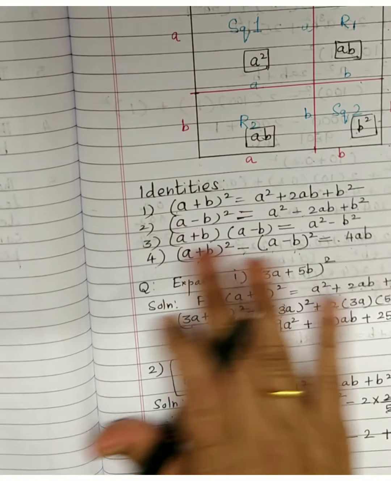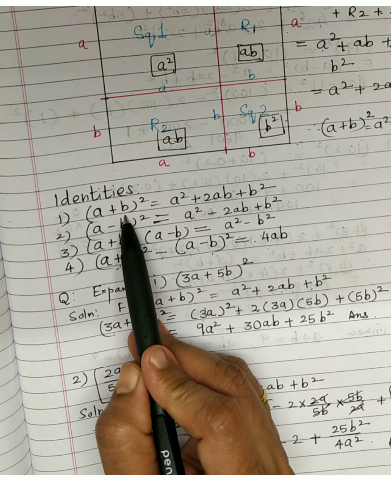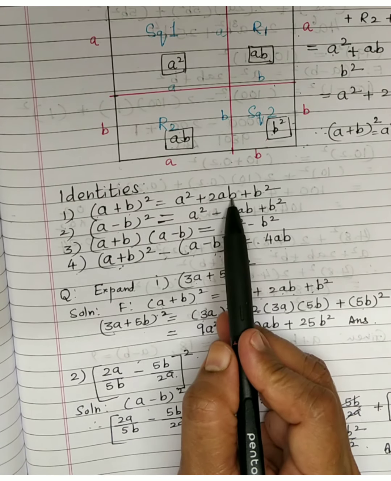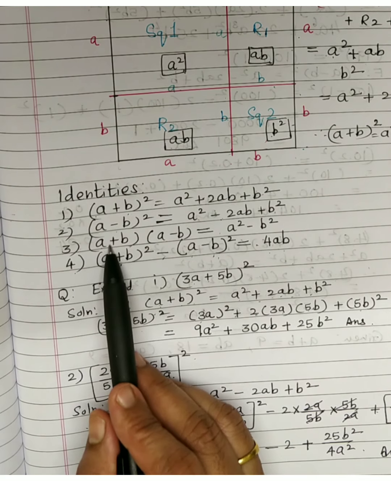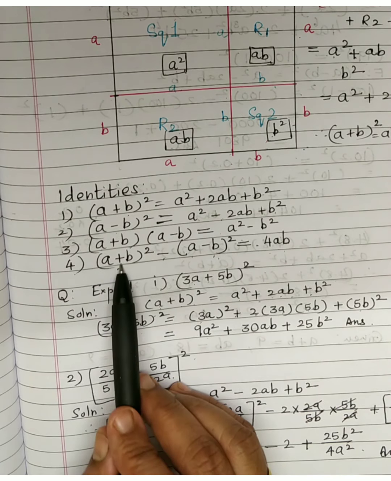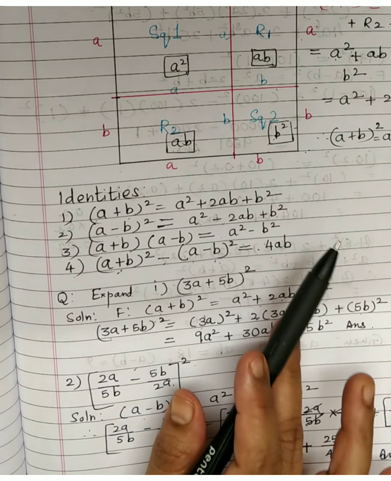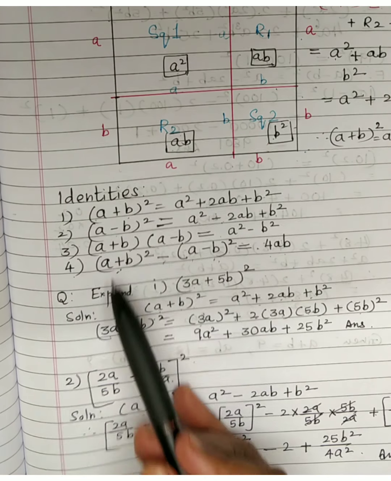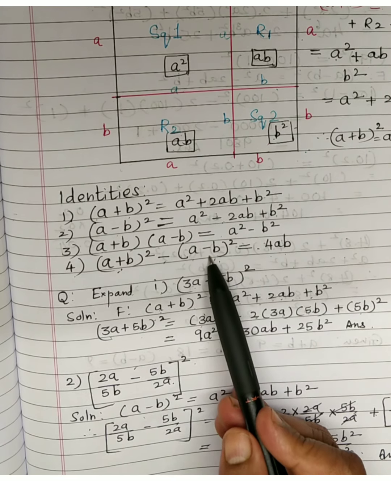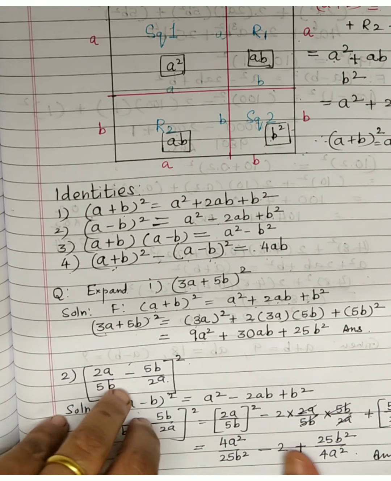The identities which I gave involve a plus b and ab, a minus b and ab, and also a square minus b square, a plus b, a minus b, no ab. But this formula I am talking about involves a plus b, a minus b, and ab. You should know the formulas very well so that you can decide which formula will make the work very easy. So we shall be using the fourth formula.